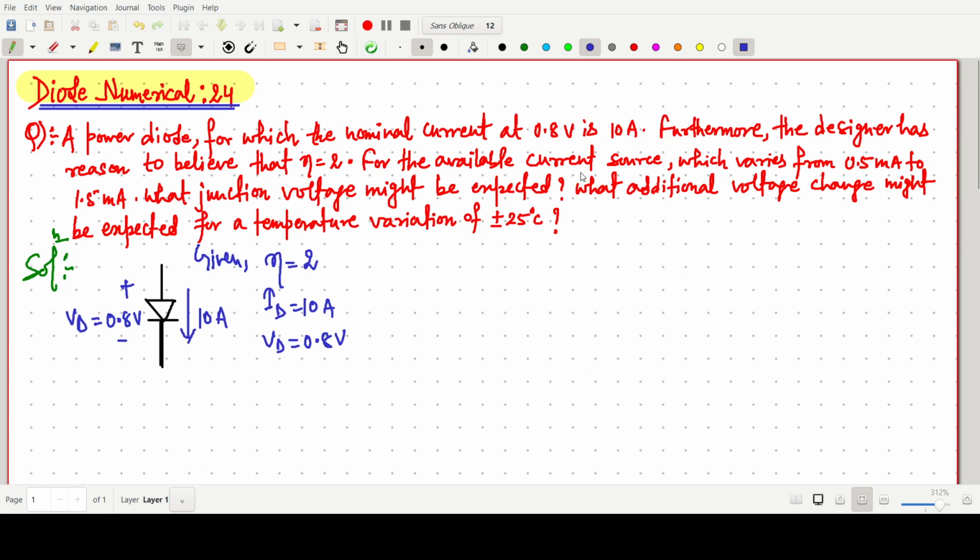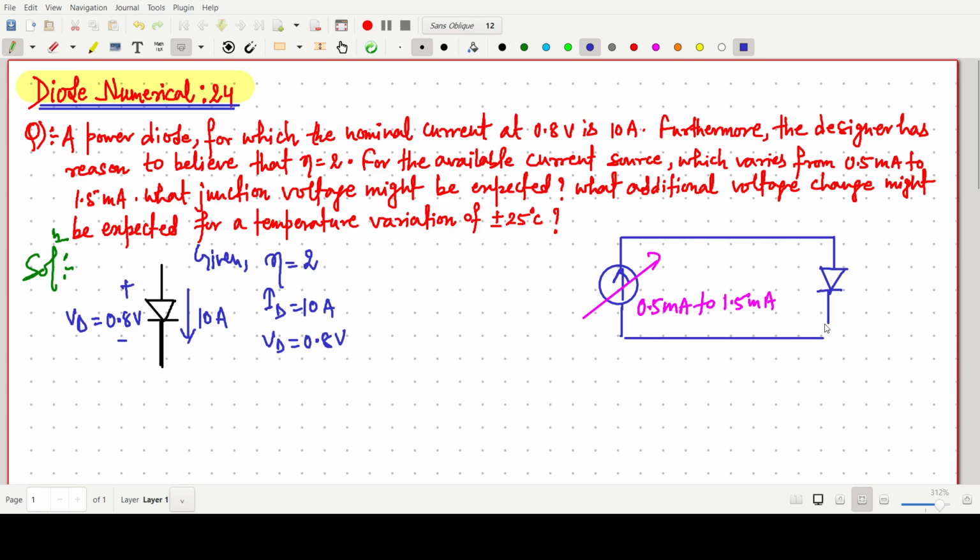For the available current source, which varies from 0.5 milliampere to 1.5 milliampere. So for example, there is an available current source which varies from 0.5 milliampere to 1.5 milliampere, and this is going through that power diode.